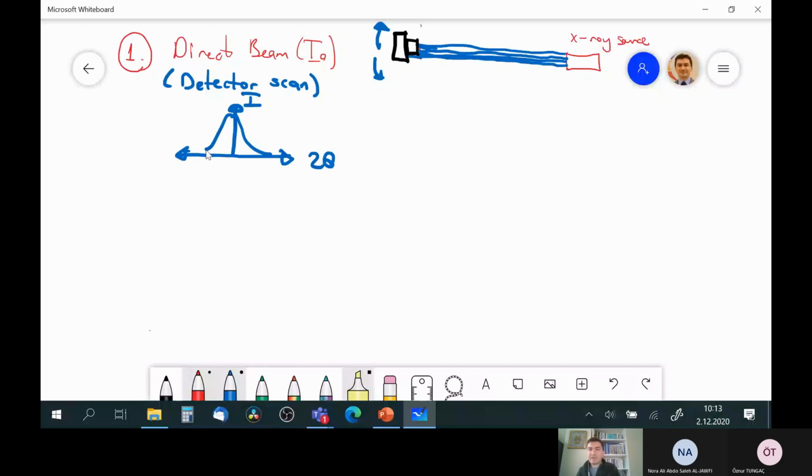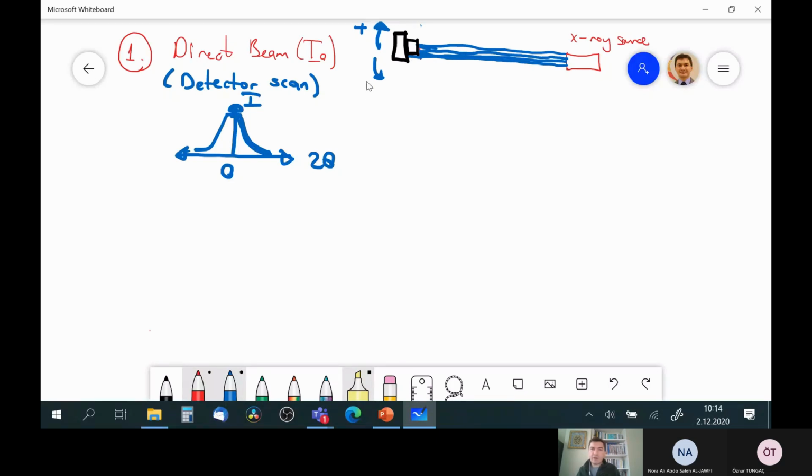If the detector is staying exactly at the right position, you should see very high intensity at 0. If you move the detector to the positive side, up a little bit, the active area of the detector will move up, and then fewer X-ray photons come to the active area of the detector, and the intensity at the detector will drop.